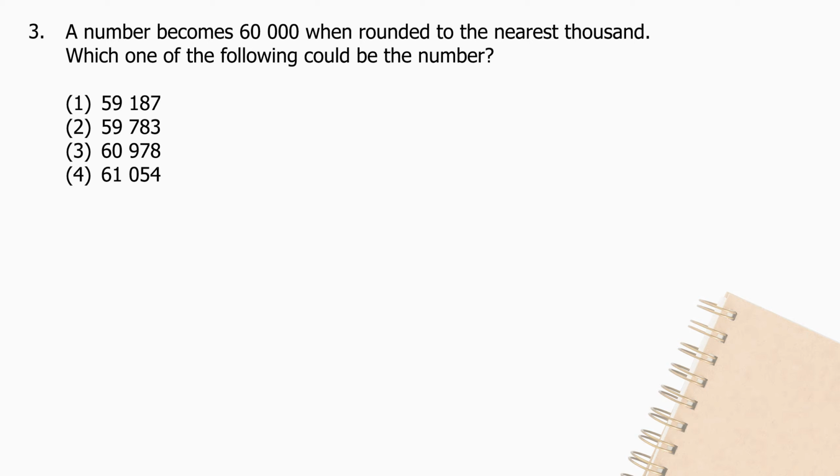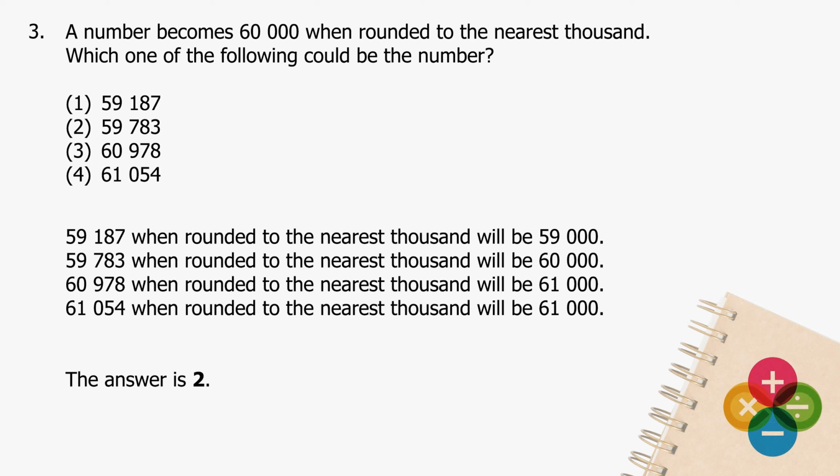Which one of the following could be the number? 59,187, when rounded to the nearest thousand will be 59,000. 59,783, when rounded to the nearest thousand will be 60,000. 60,978, when rounded to the nearest thousand will be 61,000. 61,054, when rounded to the nearest thousand will be 61,000. The answer is 2.